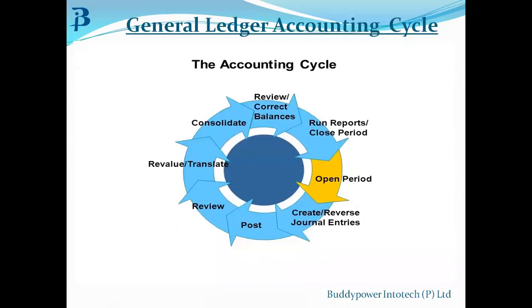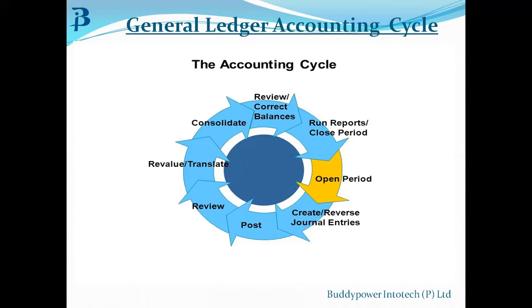Okay, the general ledger accounting cycle. Basically, Oracle General Ledger provides predefined reports that cover your account analysis, journals, trial balance reports, reconciliation reports, and chart of accounts. Now, what is an accounting life cycle?